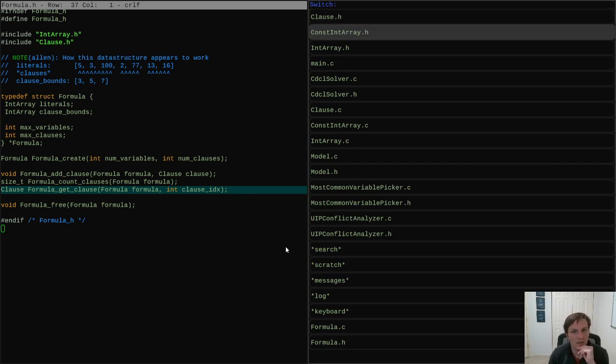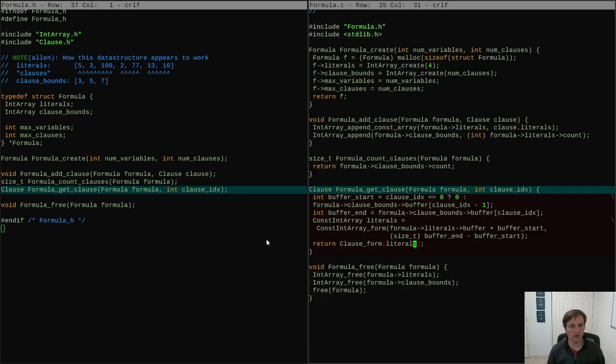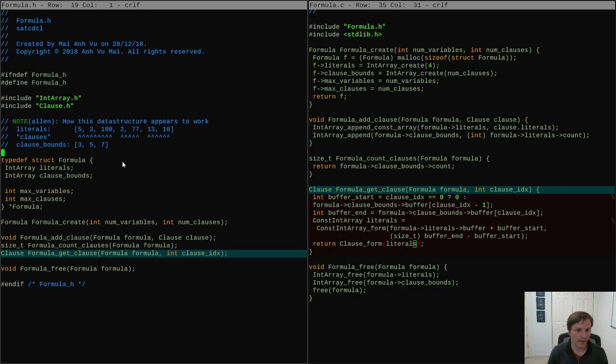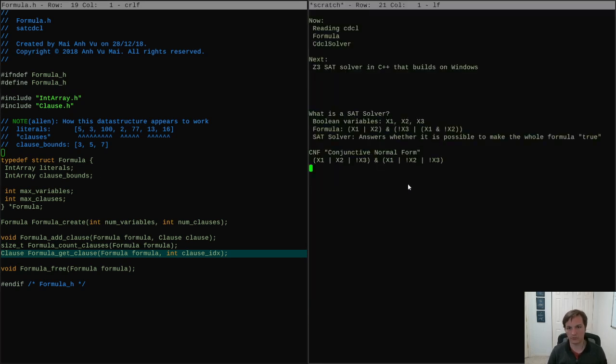All right, so we know what a formula does, and that gives me more reason to think that this is going to be solving conjunctive normal form, because we don't see anything in here about clauses referencing other clauses. And if that's the case, it would be hard to have arbitrary nesting structure, right? We would need some way to say that this clause here is made up of this expression and this expression, which we don't have.